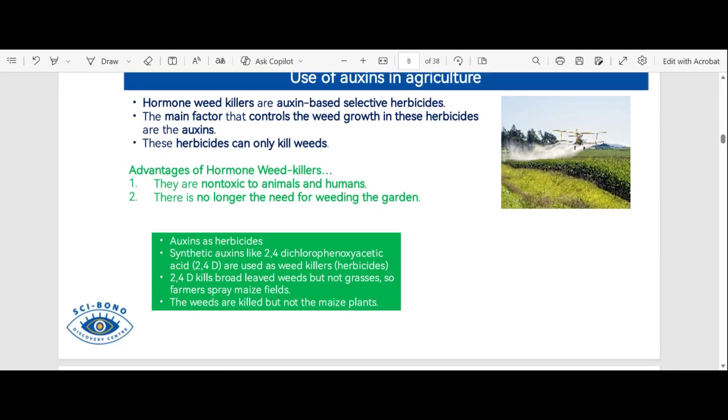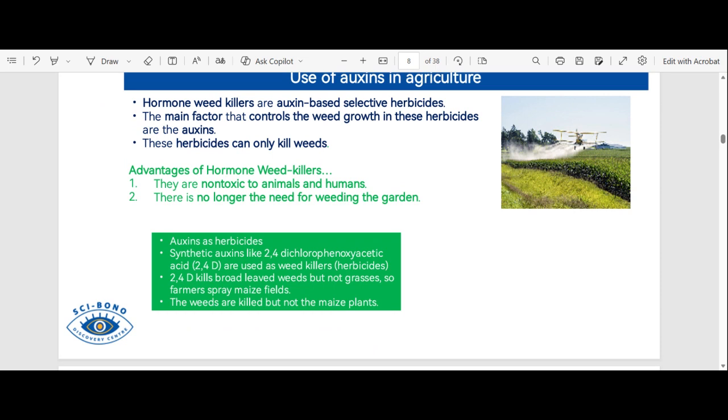So let's go to the advantages of auxins in agriculture, or hormone weed killers, as opposed to using chemicals, right? Because auxins are not chemicals; they're just hormones. So what's the advantage of using hormones instead of chemicals as herbicides? They are not toxic to animals and humans.